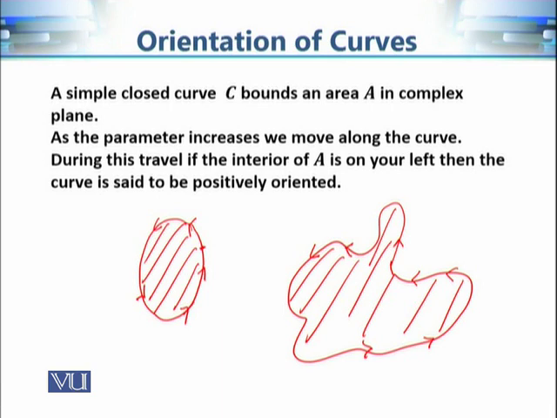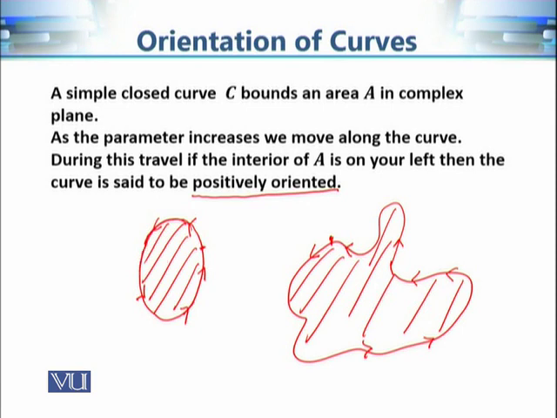Now, if I'm traveling along the curve and the area enclosed by the curve is always on my left side, then we say that this curve is positively oriented. Okay, so in this case, we can see that when we are traveling along the circle, the area enclosed by the circle is on the left side.